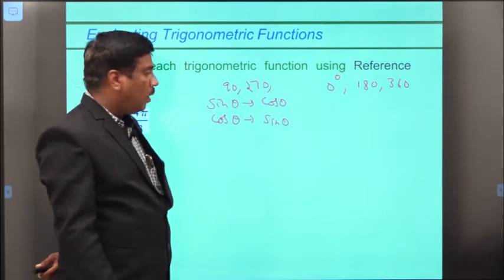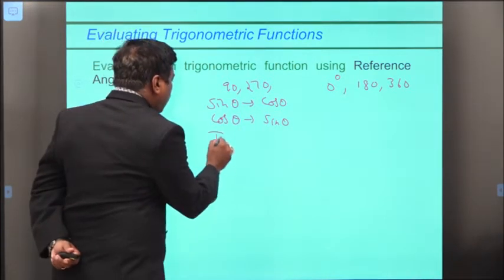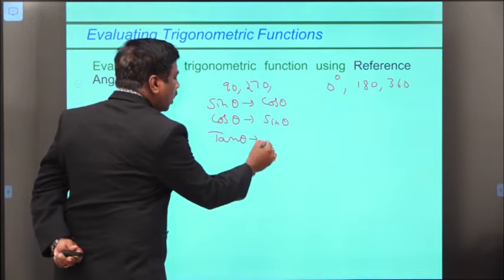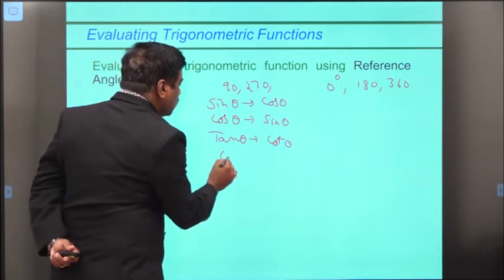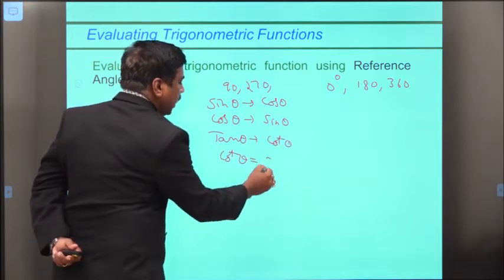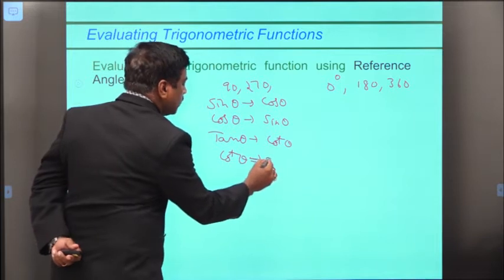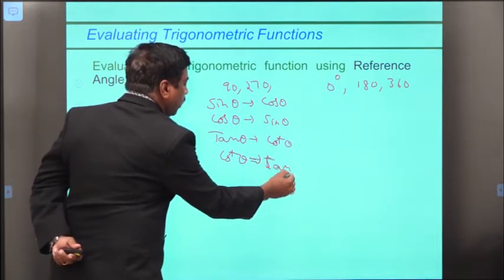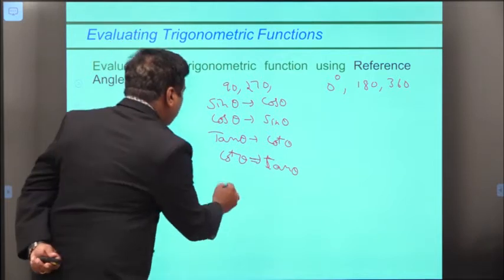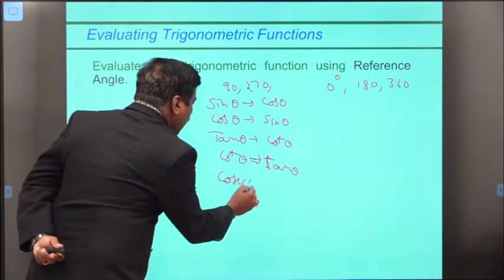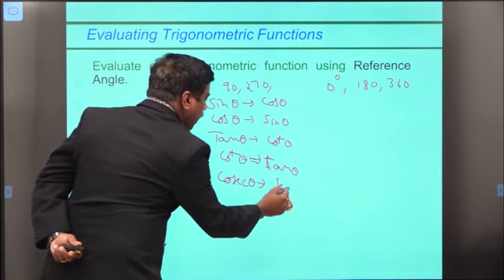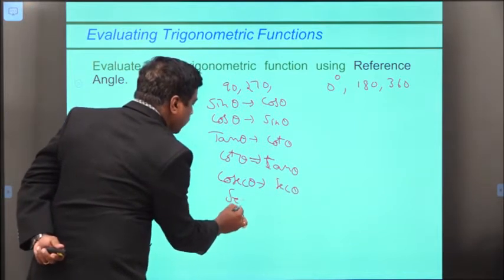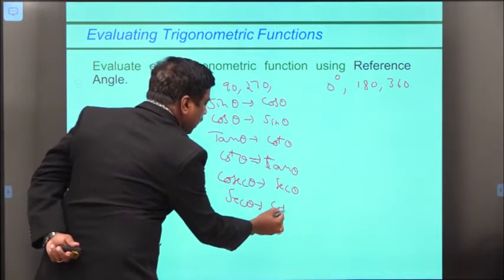Will you catch my point? Now tan theta is transformed to cot theta and cot theta is transformed to tan theta. Similarly, cosecant theta is transformed to secant theta and secant theta is transformed to cosecant theta.